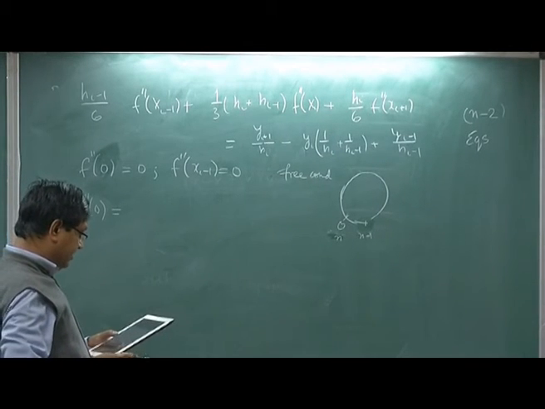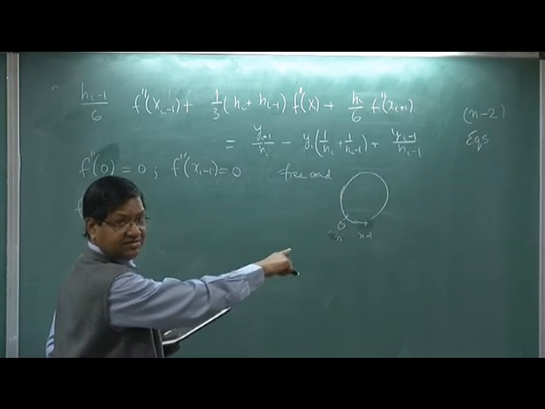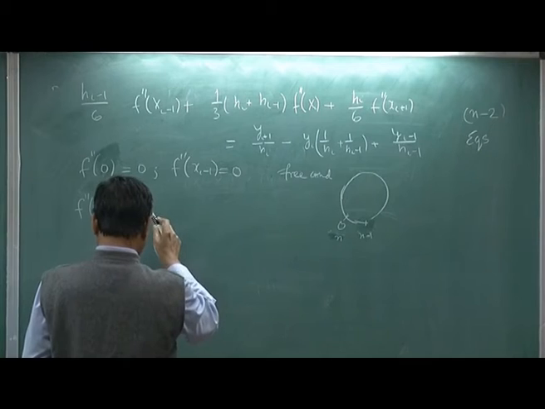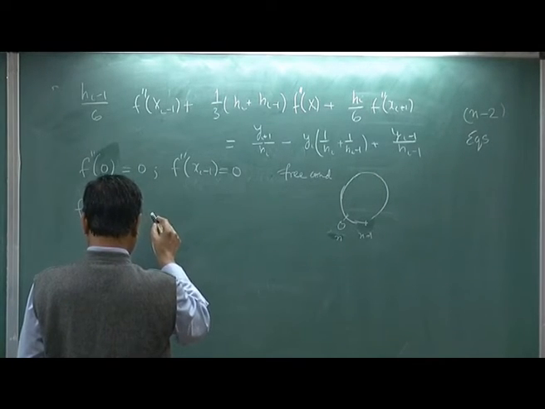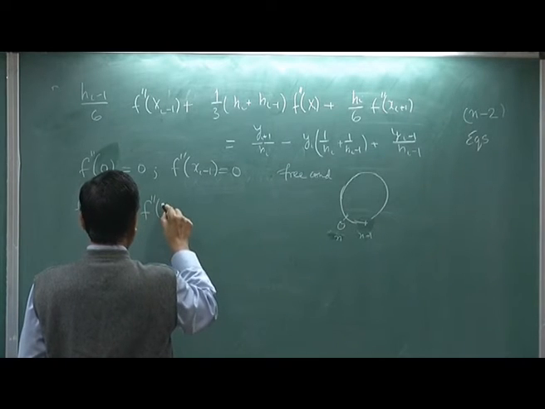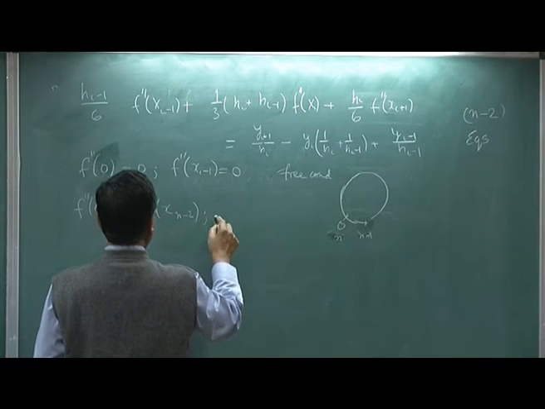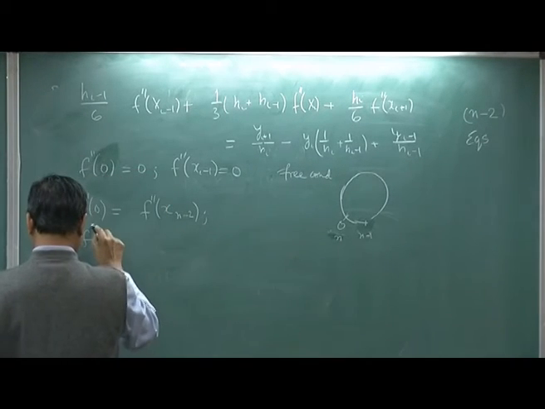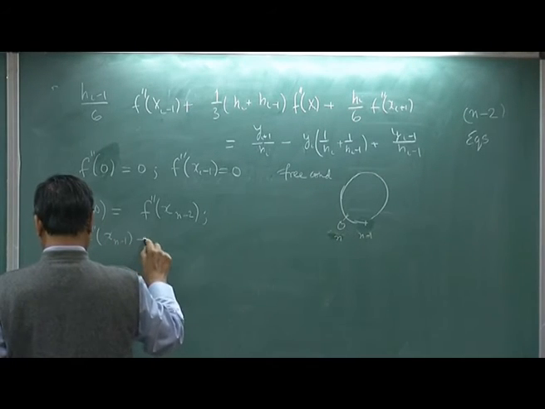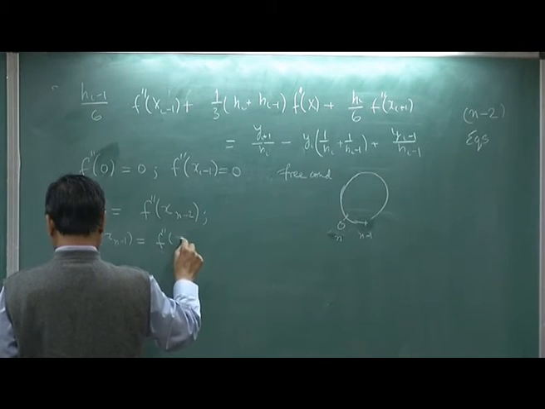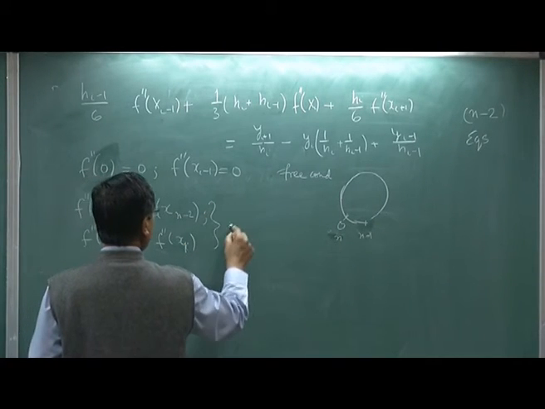So for the double derivative demand, a double prime x, I will clarify this in the next class. So the double derivative for the periodic boundary condition is a double prime x n minus 2 and a double prime is periodic.